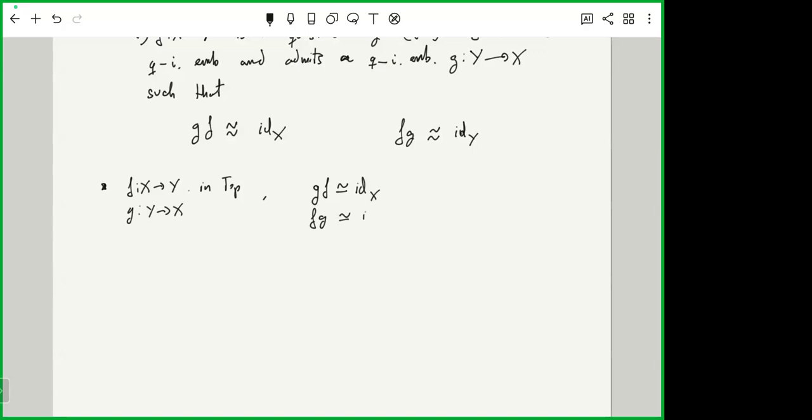So this is a very similar idea, but from far away. It's a different context, but the ideas are very similar.